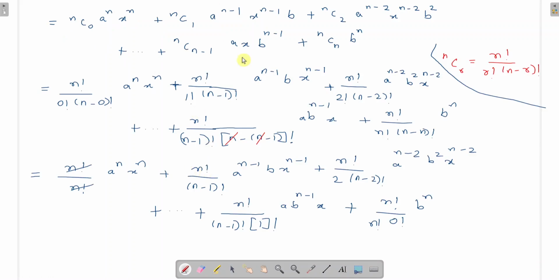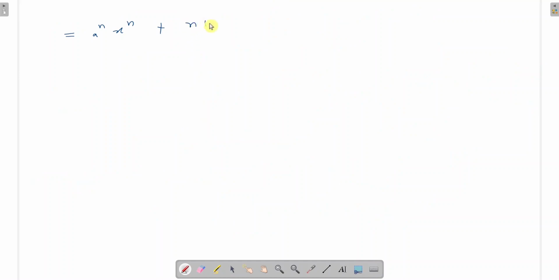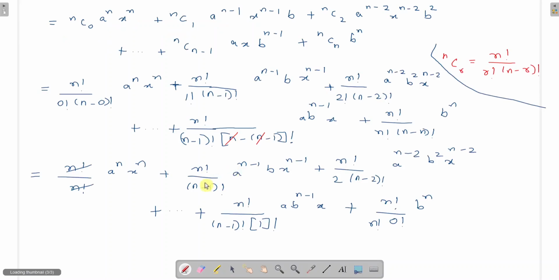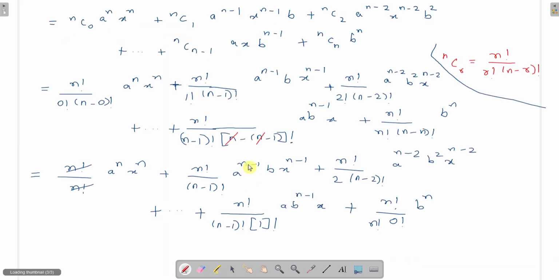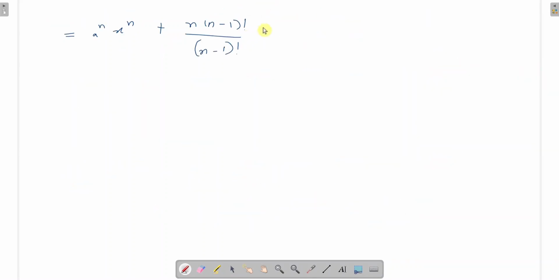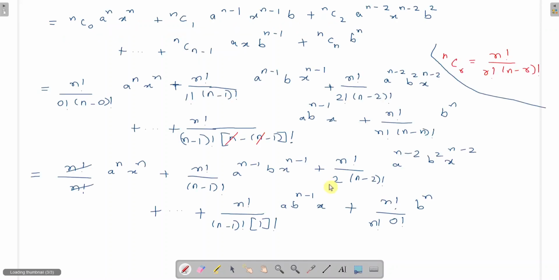So n factorial we will write it as n multiplied by (n minus 1) factorial, divided by (n minus 1) factorial, a raised to n minus 1, b, x raised to n minus 1, plus n factorial we will write it as n multiplied by n minus 1 multiplied by (n minus 2) factorial.